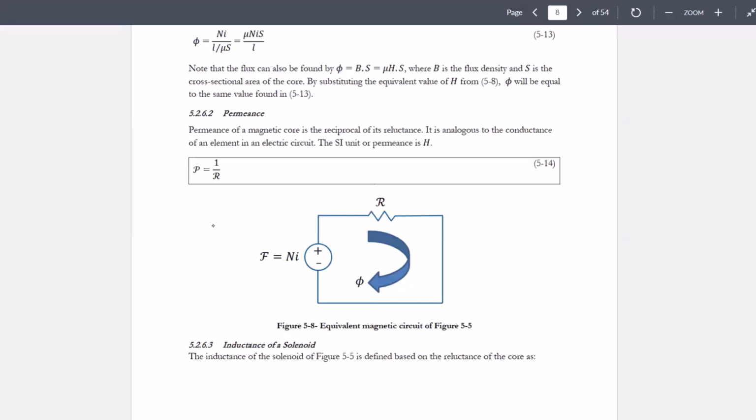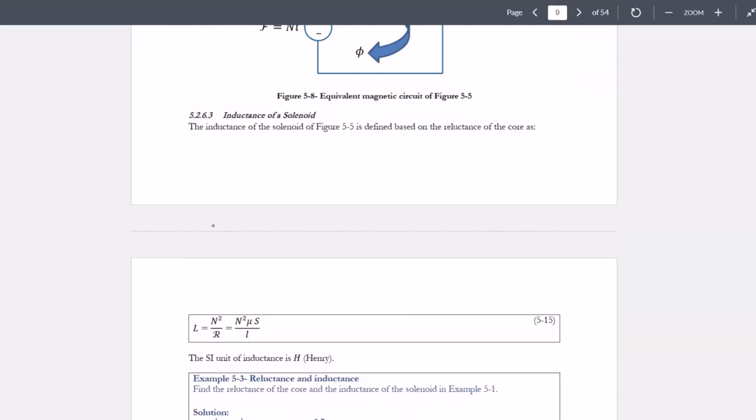We have the permeance, which is analogous to conductance in electric circuits. Conductance would be 1 over resistance, and permeance would be 1 over reluctance. Its SI unit is Henry, because the SI unit of reluctance was Henry minus 1. So this becomes Henry. Let's go over the inductance also.